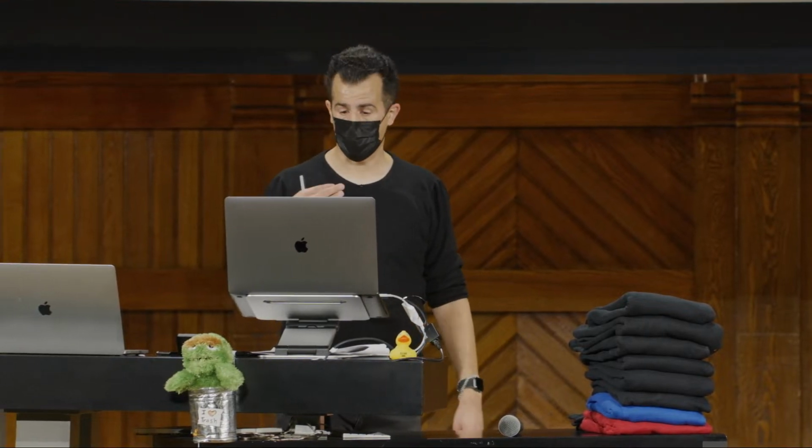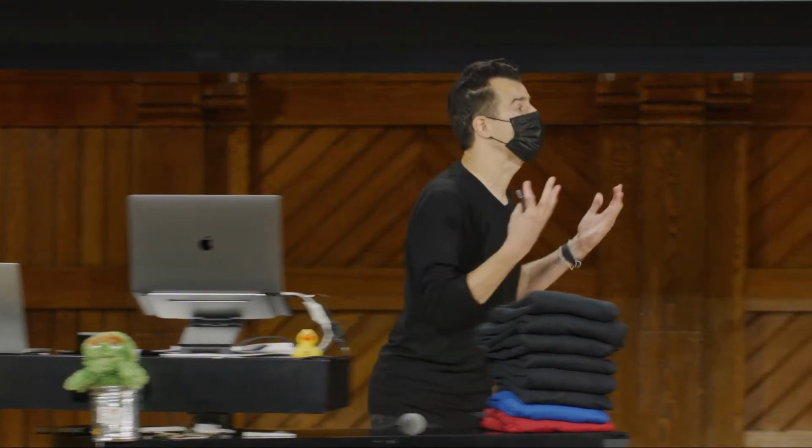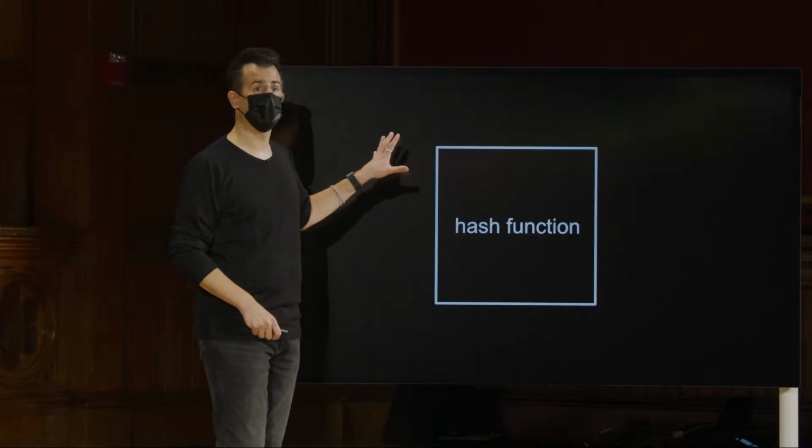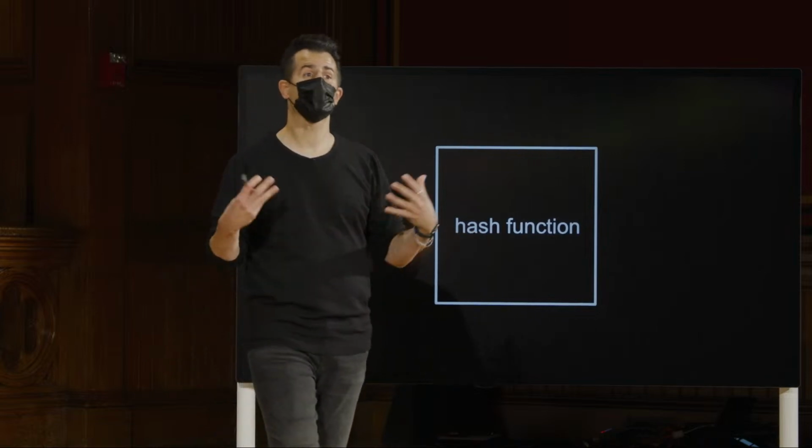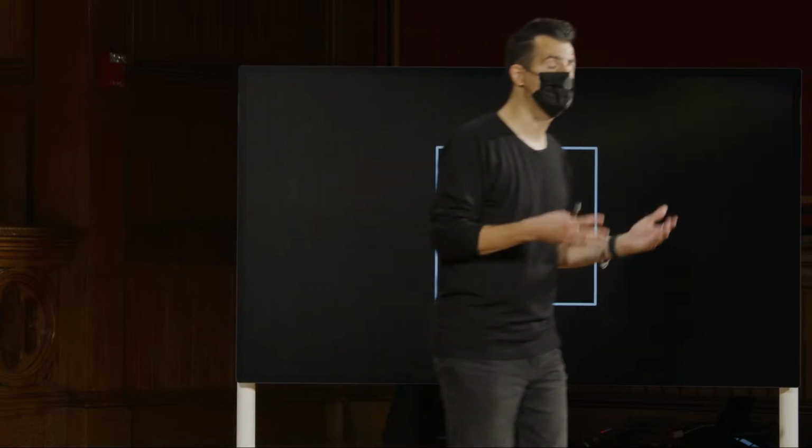But how do we decide where someone goes in a hash table in this way? Well, it's an old school problem of input and output. The input to the problem is going to be something like the name. And the algorithm in the middle, as of today, is going to be something called a hash function. A hash function is generally something that takes as input a string, a number, whatever, and produces as output a location in our context, like a number 0 through 25, or 0 through 16,000, or whatever the number of buckets you want is.